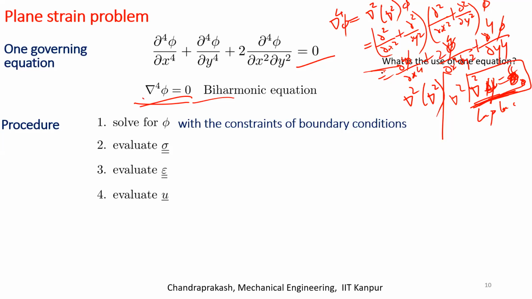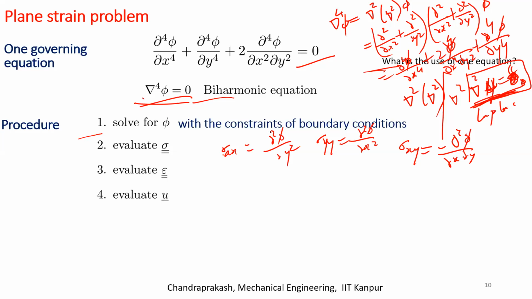And then once you know phi, you evaluate stress. How? Sigma xx is dou square phi by dou y square, sigma yy is dou square phi by dou x square, and sigma xy is minus dou square phi by dou x dou y. This is something which we have defined in the last slide. So you solve for phi using the boundary conditions. Once you know phi, you do these simple calculations based on the definition. Once you know sigma, you evaluate strain. How do you evaluate strain?